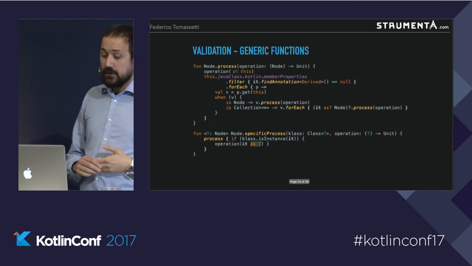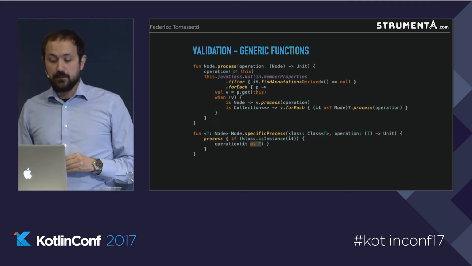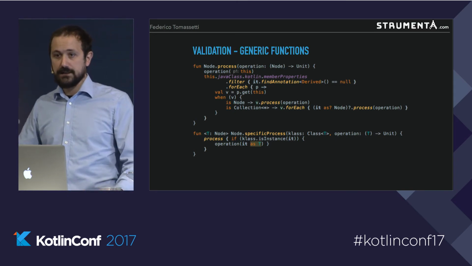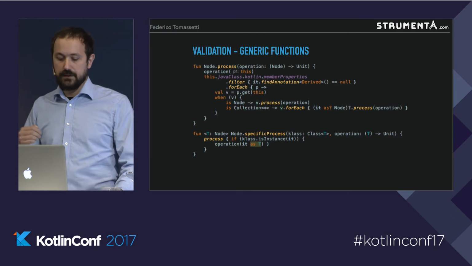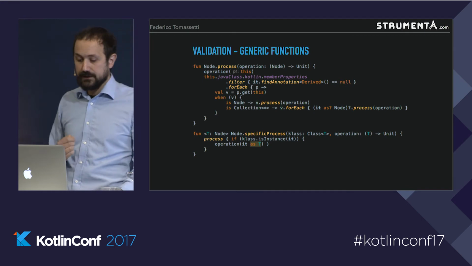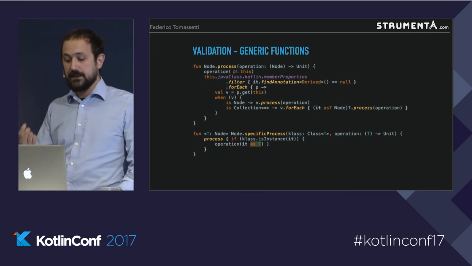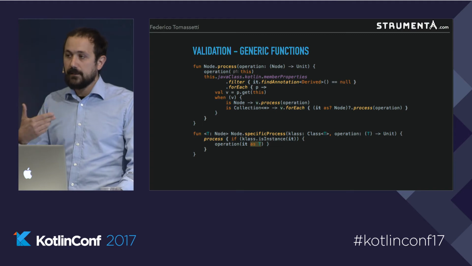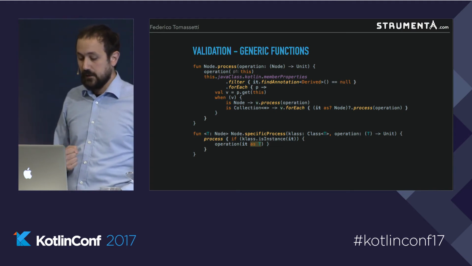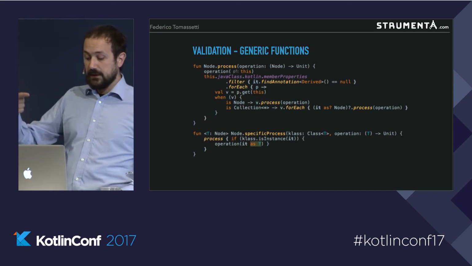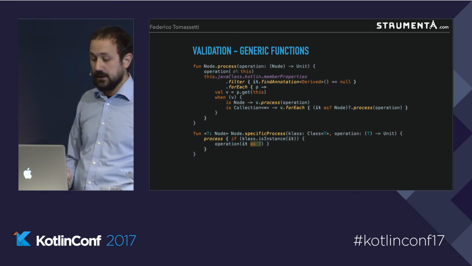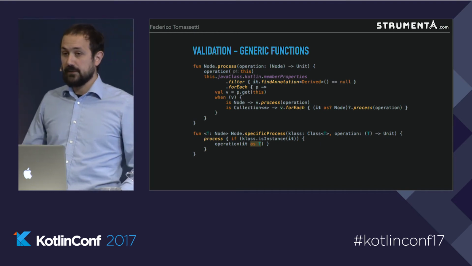So the way that we can do that is simply define a couple of operations on Node itself. Every single instance of our data classes implements Node directly or indirectly. So the first operation we can define is process. It takes a function and applies this function on the node itself. Then by using reflection, we can find all the properties of our node and iterate on these by calling process on all the elements contained in these properties, with the exclusion of derived properties.